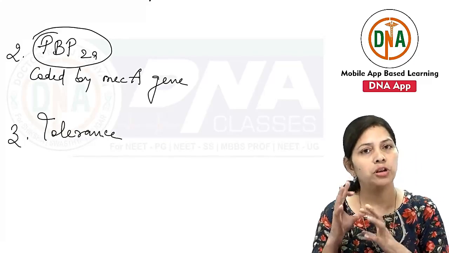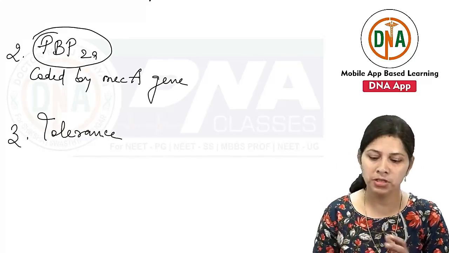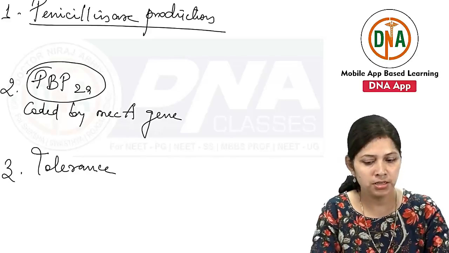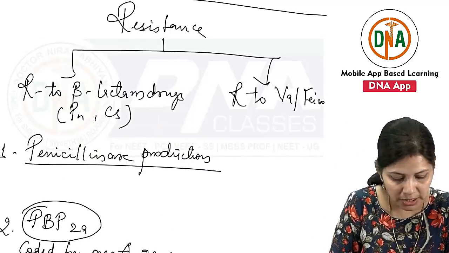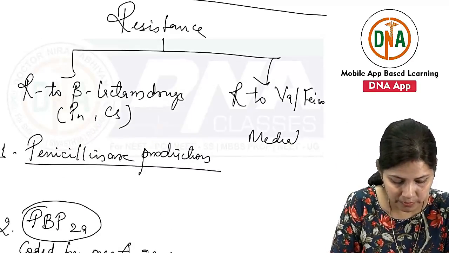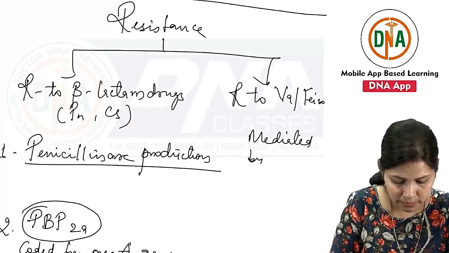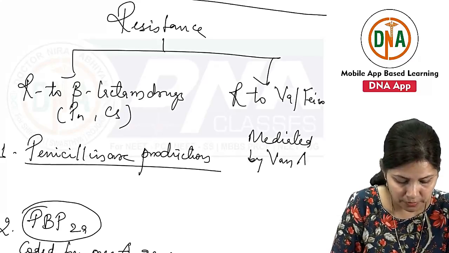Okay, so these are all important mechanisms for the beta lactam resistance. And as far as the vancomycin resistance is concerned, it is mainly mediated by VAN-A gene.